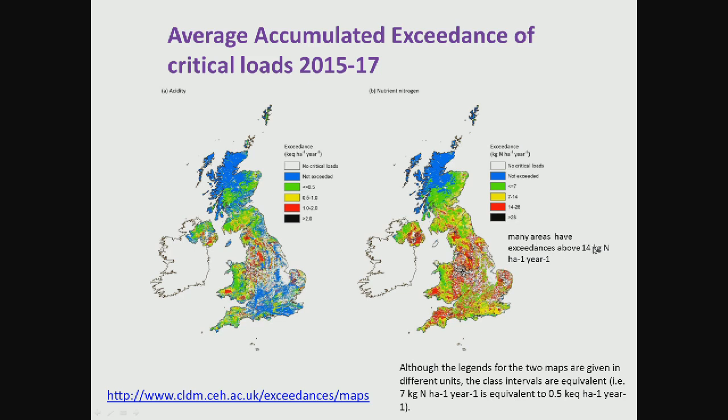Some of them are 14 kilograms per year above the critical load. So let's say we're in a woodland, the critical load is 15 to 20 kilograms, and they're actually getting 34 kilograms per hectare. It's way over their critical load.